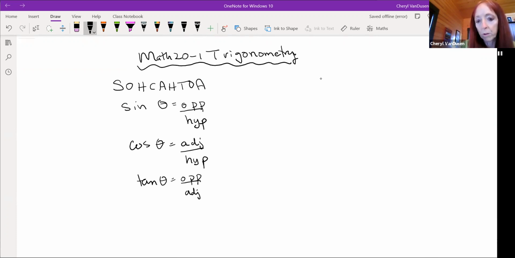And the other thing that comes as kind of prerequisite knowledge is that we need to know how to use Pythagoras. That will come up as well. So a squared plus b squared equals c squared if you're finding the hypotenuse. And then we can reorganize it to be a subtraction if we're finding a missing side.